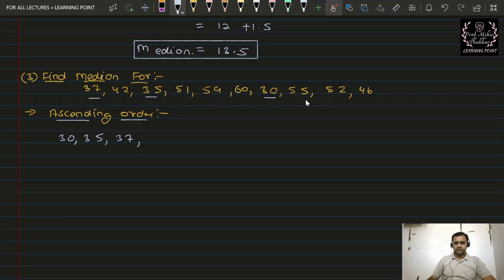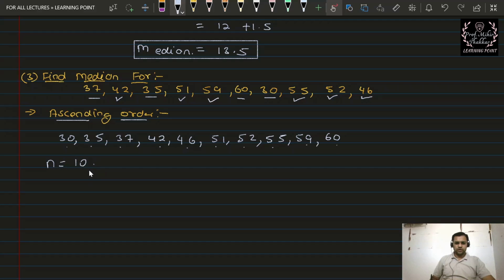After that, the next values are 42, and then 46. After that, we have 51, 52, 55, and 59. And the last number, of course, is 60. So if you count, 1, 2, 3, 4, 5, 6, 7, 8, 9, and the 10th value, the number of observations is 10, which is once again an even number.